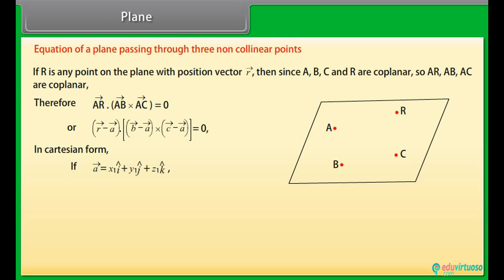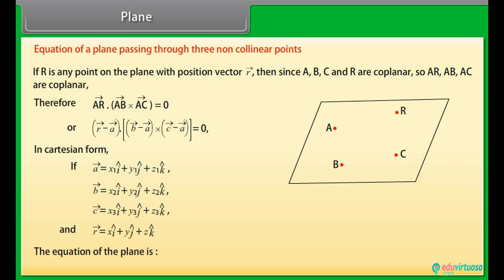In Cartesian form, if vector a equals x1 i cap plus y1 j cap plus z1 k cap, vector b equals x2 i cap plus y2 j cap plus z2 k cap, vector c equals x3 i cap plus y3 j cap plus z3 k cap, and vector r equals x i cap plus y j cap plus z k cap, the equation of the plane is the determinant, row-wise: first row, x minus x1, y minus y1, z minus z1.